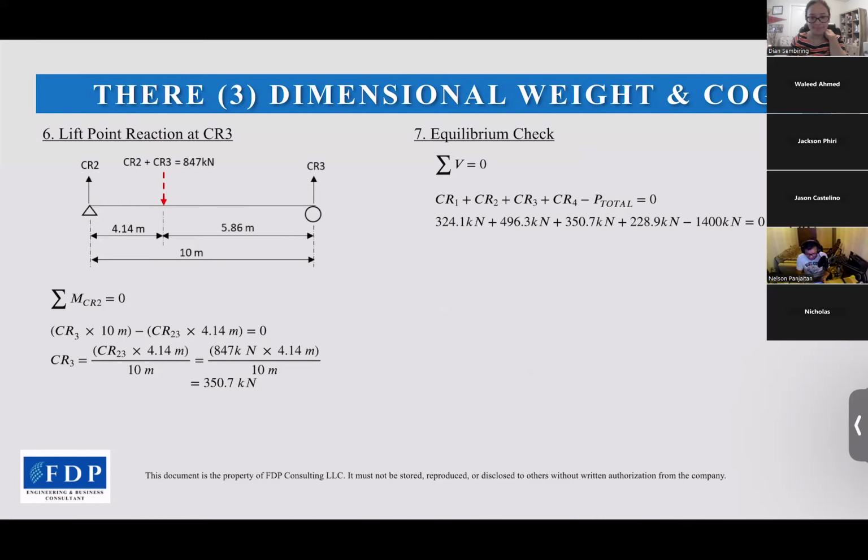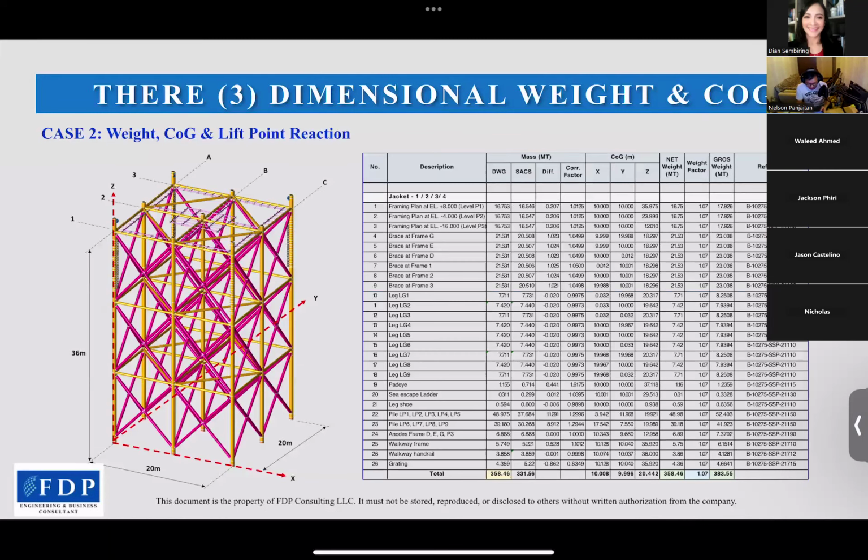Okay, so we continue with the new cases. Case two is a structure jacket here, and as we see in the table at the right side, the mass is about 358.46 metric tons. This is a real case from a real project.